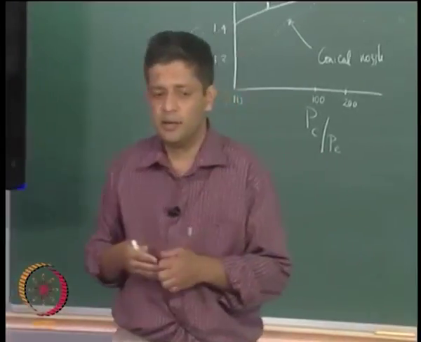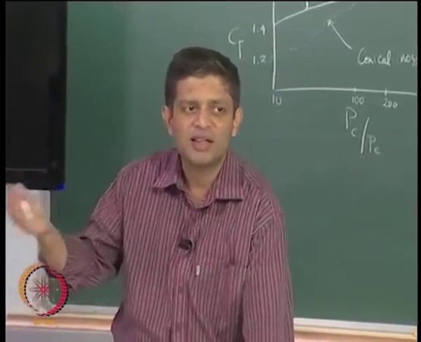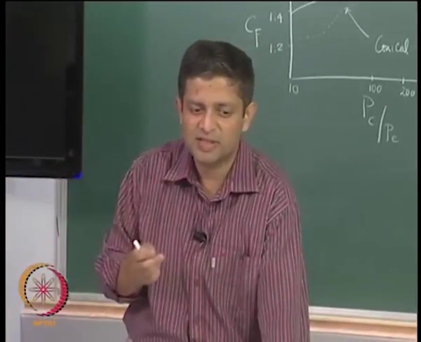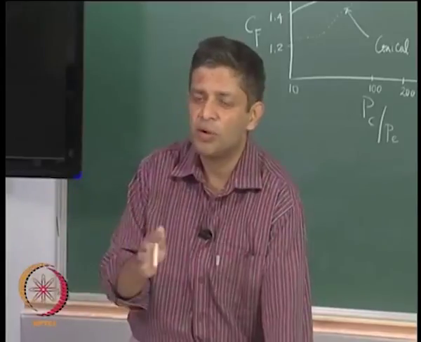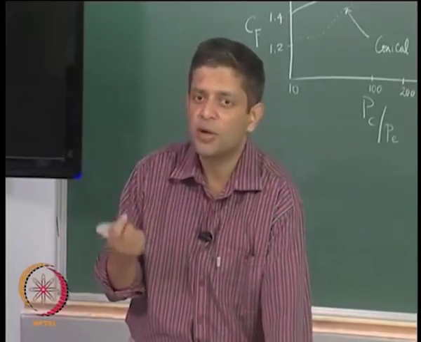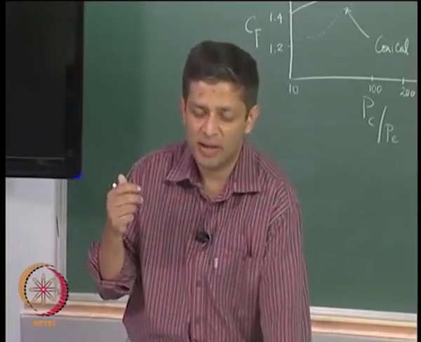Launch vehicle, you can put off the launch by a few hours till the weather gets into some kind of reasonable conditions, and you will wait for that time to launch it. But missiles, you cannot afford to do that, because you need to be ready every time. Okay.